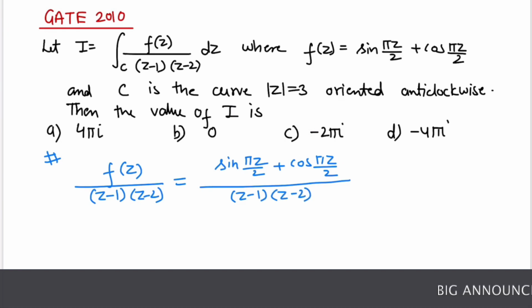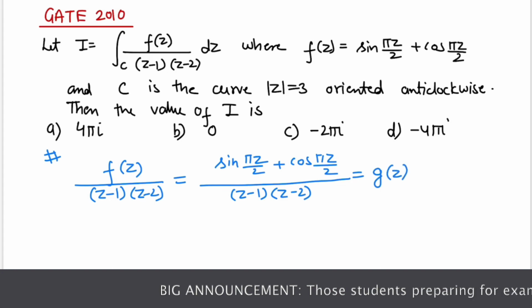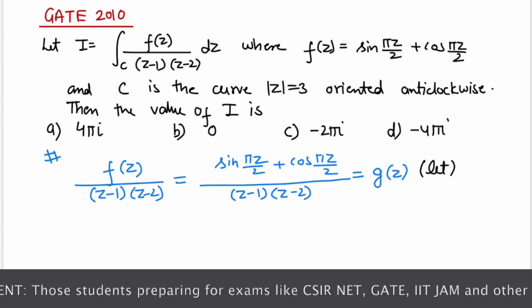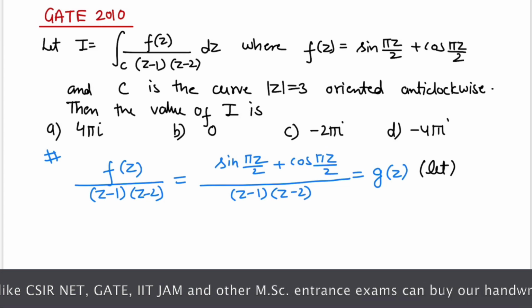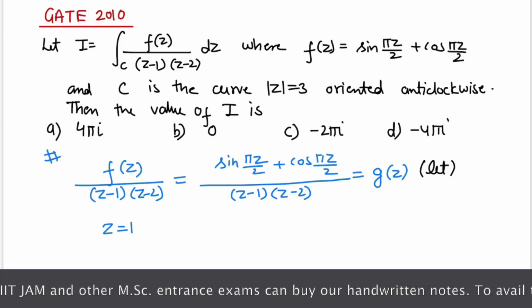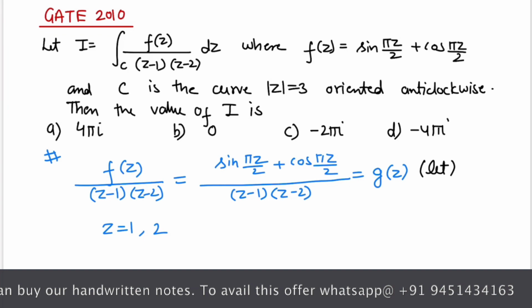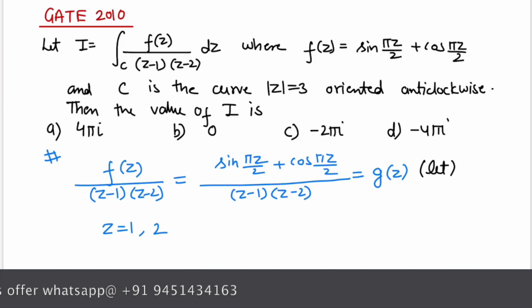Okay. Now suppose this function is g of z. Now singularity of this function g of z is z equals to 1 and 2. Okay. So these 2 points are singularities for this function g of z.